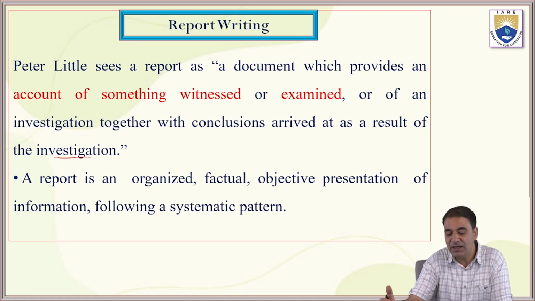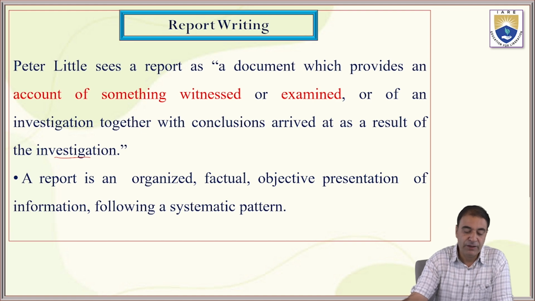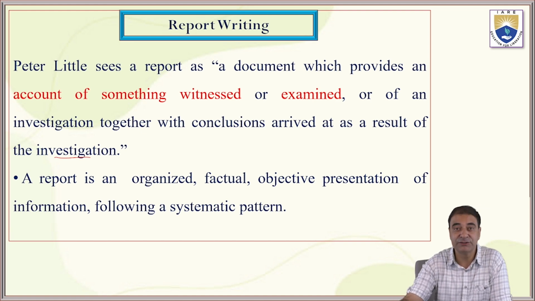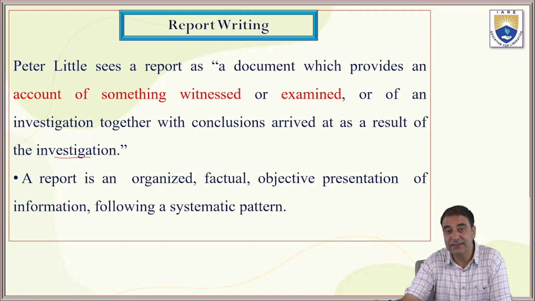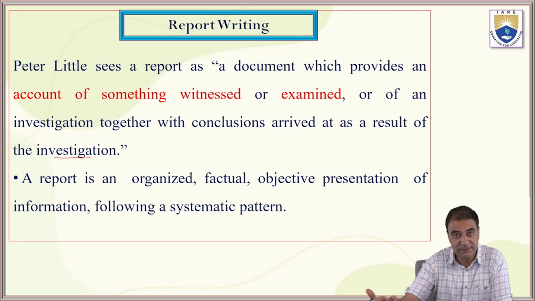It should appear unbiased. It is an account, a story that you have witnessed. For example, if you have witnessed a road accident, there you have to remain unbiased. You have to remain objective.